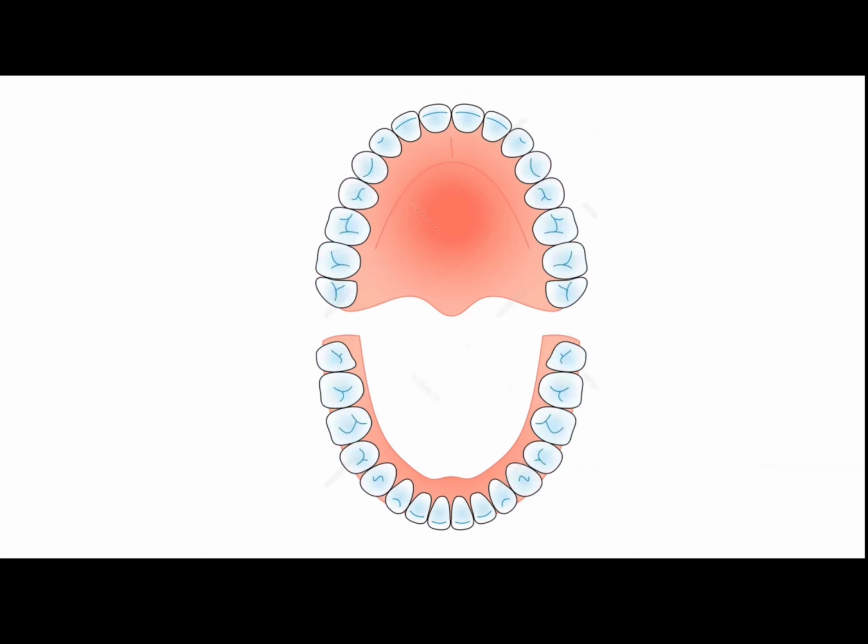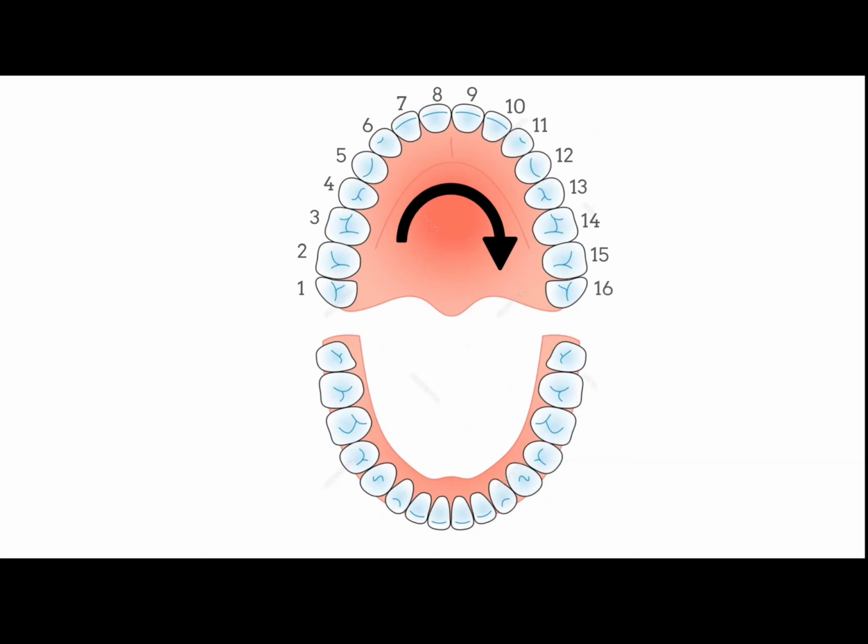Now, when it comes to numbering individual teeth, the numbering system that we use starts on the upper right last molar, the upper right wisdom tooth, with number 1, and we sequentially number the teeth in a clockwise direction. That's number 2, then we continue with number 3, and so on until we reach the other end of the arch at tooth number 16, which would be the upper left third molar or wisdom tooth.